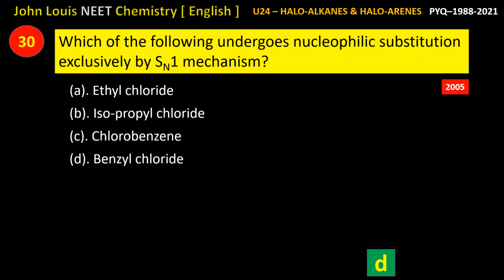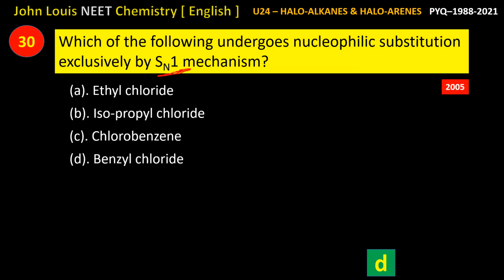Which of the following undergoes nucleophilic substitution exclusively by SN1 mechanism? If you know the order of the carbocation, it becomes much easier here. The SN1 reaction follows 2 steps. In the first step, carbocation is formed, so it depends on the stability of the carbocation.